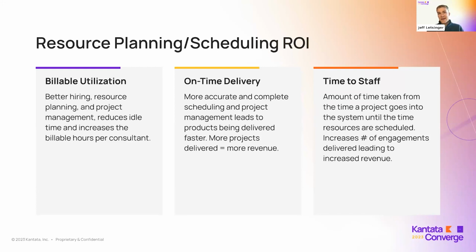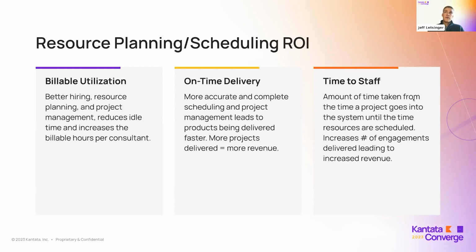We reduce those delays, we can start things on time, we get more throughput, and ultimately drive more revenue for our organization. So having that view of project delivery oriented scheduling with start dates, with due dates at a more granular level helps us to ensure that our projects are going to be delivered on time and on budget so that we can ultimately maximize our output as an organization.